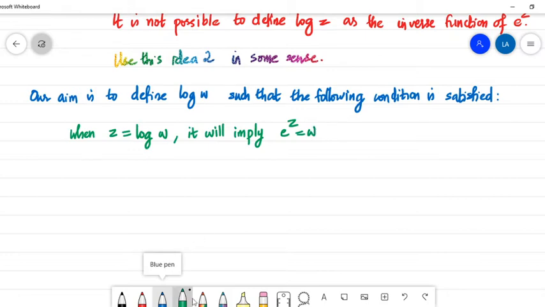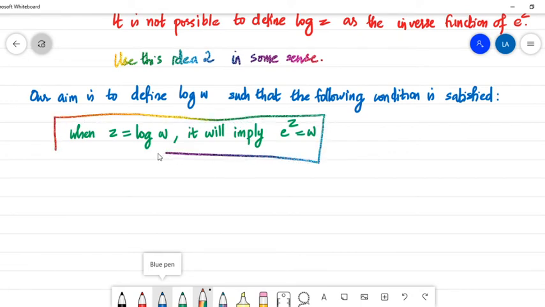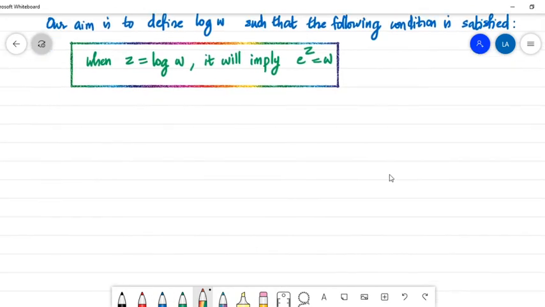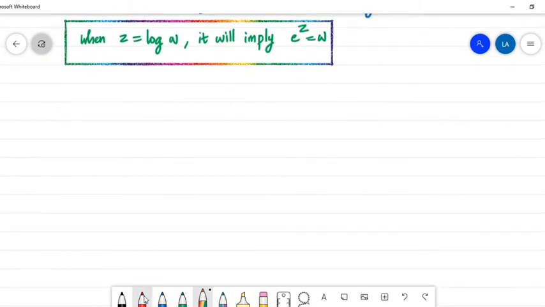This is what is to be satisfied. So this is the basic condition or the requirement we are insisting.